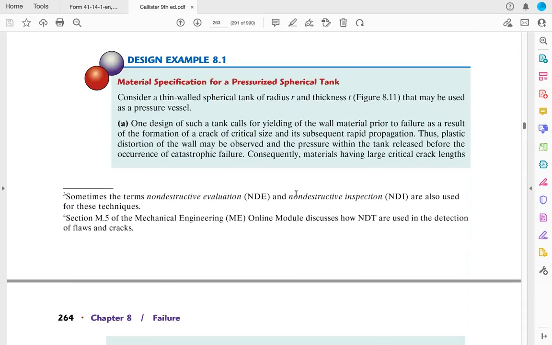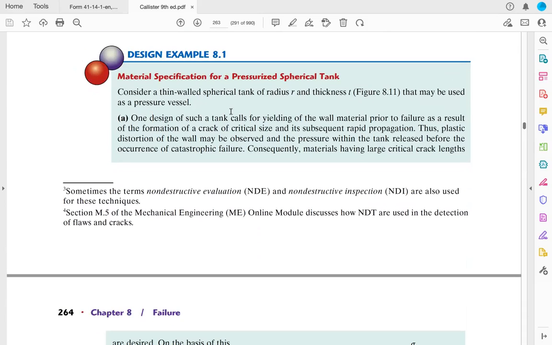So one design is called yielding of the wall: the wall starts yielding before it breaks. If the wall starts yielding, mulai luluh, it starts plastic deformation, and then we want to know which critical size we need to know before rapid propagation.